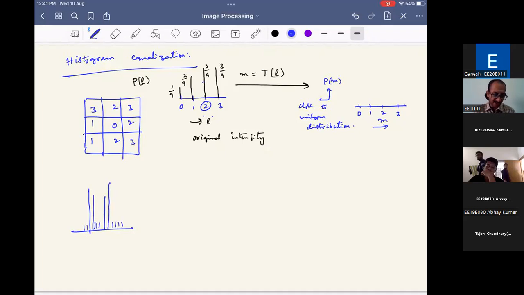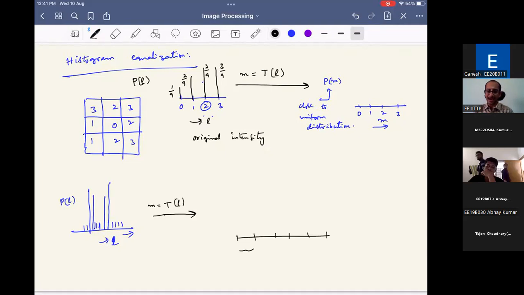I have not plotted the x-axis, but if this is P of L, what we wish to do is make this transformation to L and get the modified intensities. My modified intensities should be such that if I take any bin, the sum of probability in that bin should be constant.